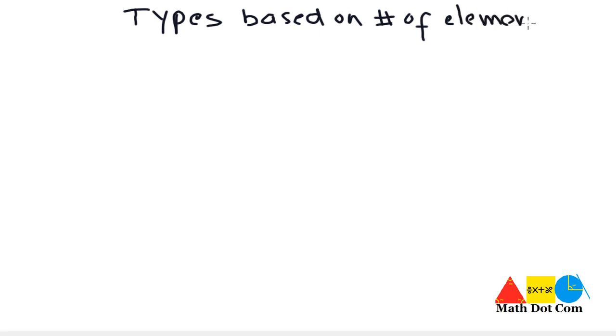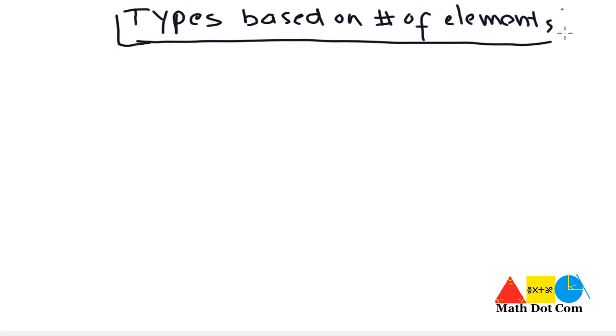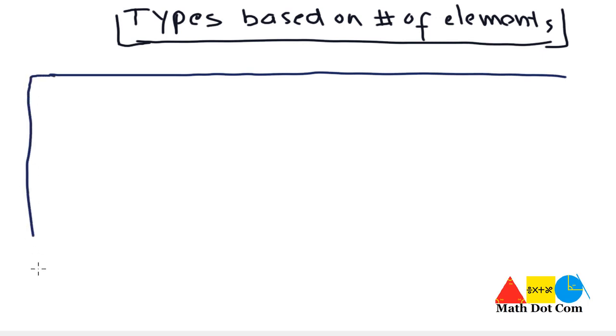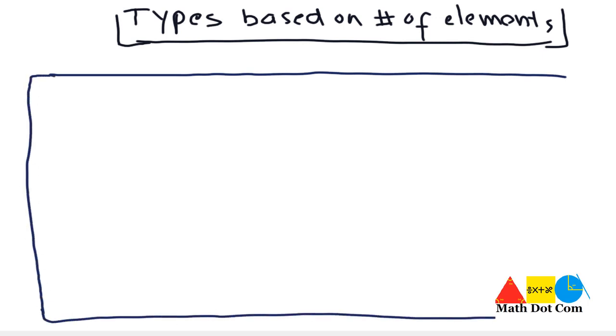For that we will make a table so that you can memorize it easily. As we have four types of sets, we will have 4 rows and 3 columns. I'll try to cover it as quickly as possible.